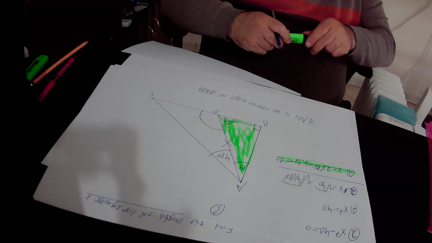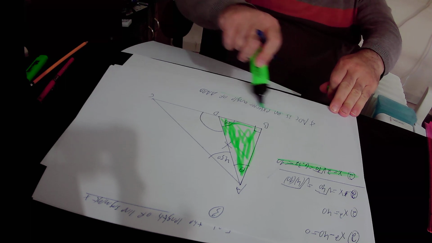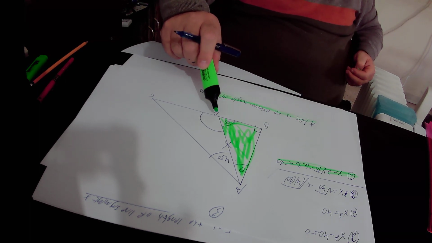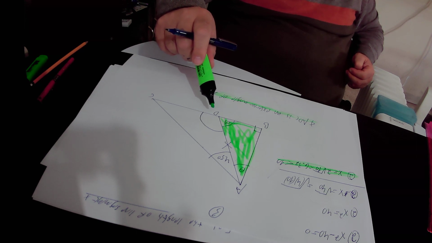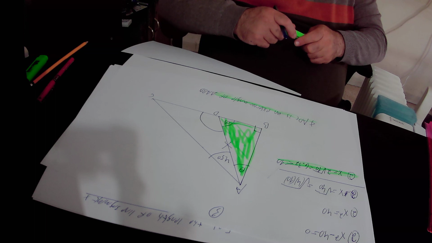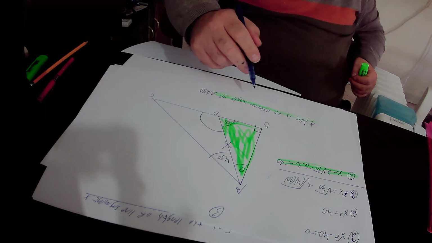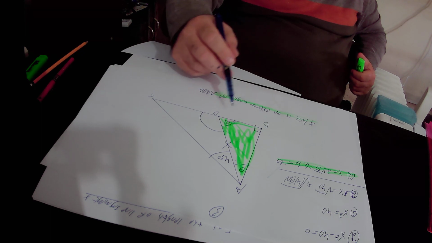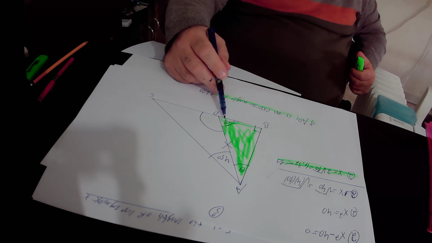Okay? So angle ADC is an exterior angle, and triangle ABD also has three interior angles: angle theta, this right angle, and this angle alpha.